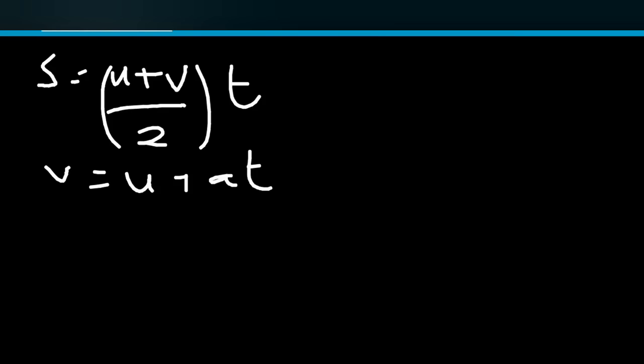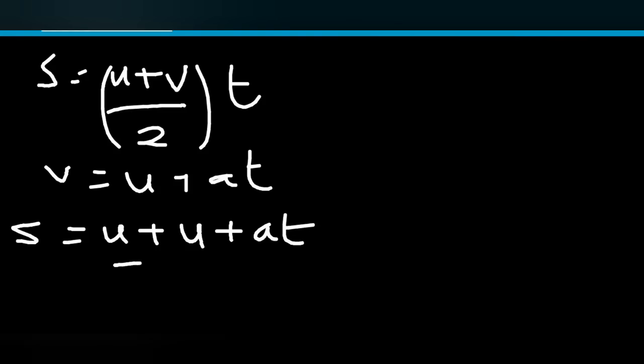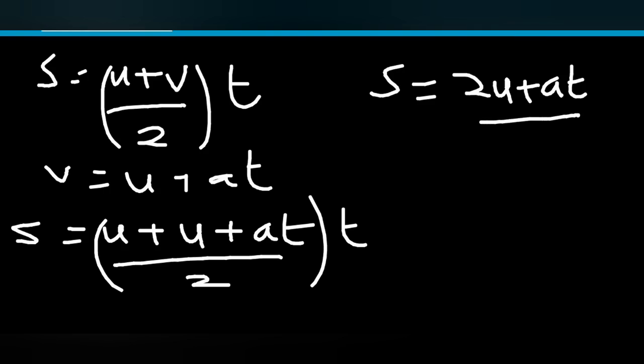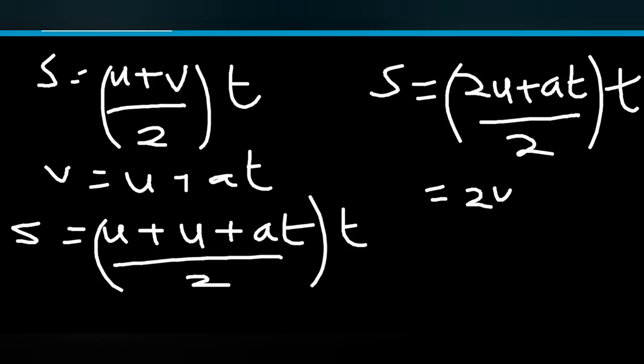If we decide to substitute for v in s, we shall have that s will be equal to (u plus u plus at) divided by 2, everything multiplied by t. And if we collect like terms, we shall have that s will be equal to (2u plus at) divided by 2, everything multiplied by t.